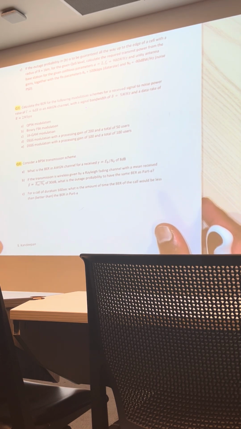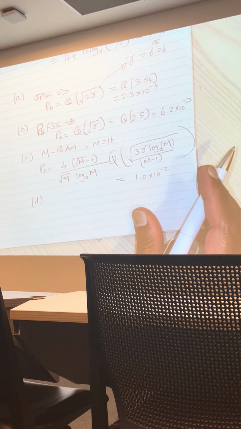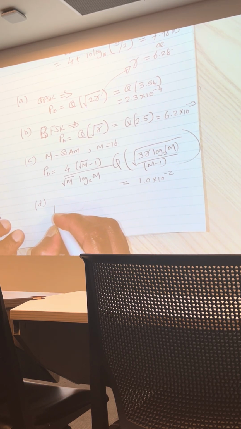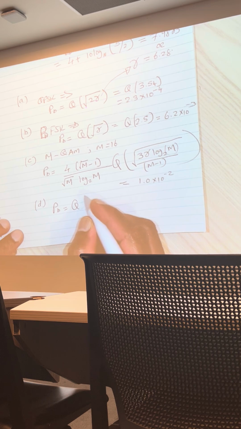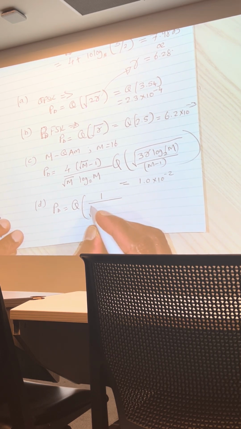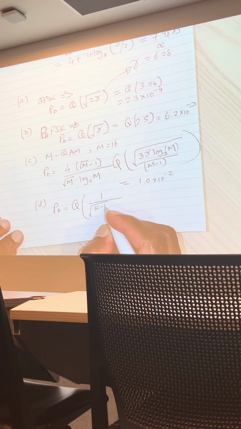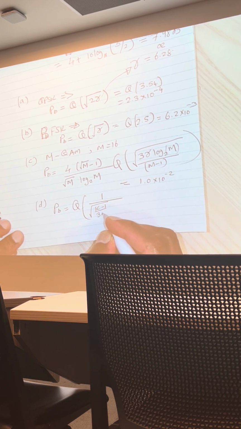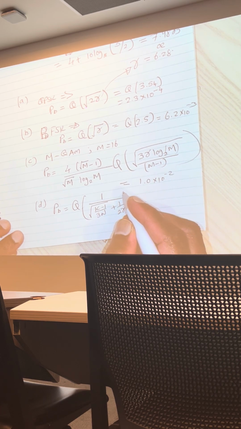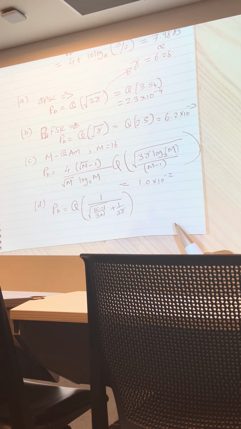So there's an expression for direct sequence spread spectrum as well. So for part D, just need to use that expression for PB, which is the Q function again of 1 on square root of (K minus 1 on 3N plus 1 on 2 gamma), right?